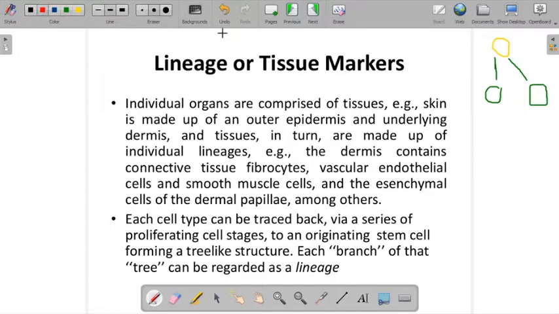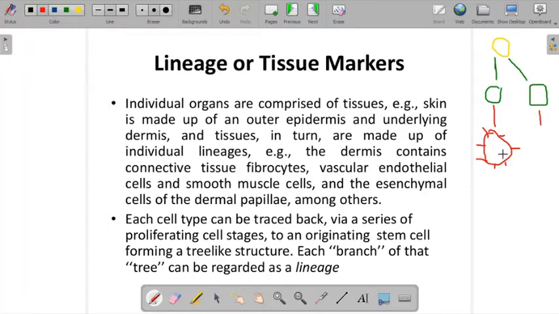Once they differentiate into other cellular types, they show different proteins on the exterior surface.